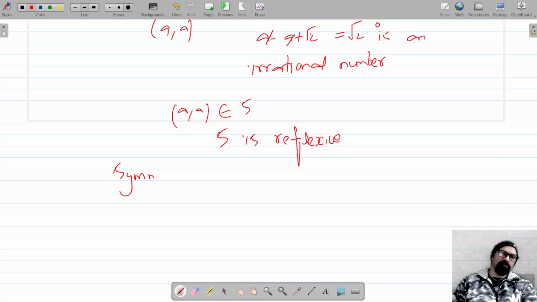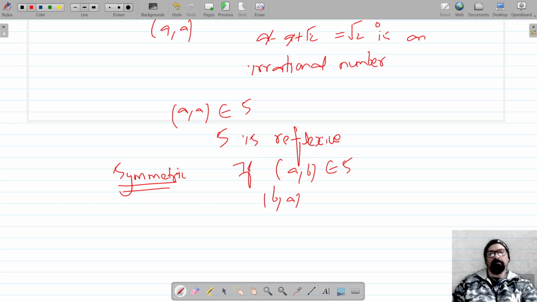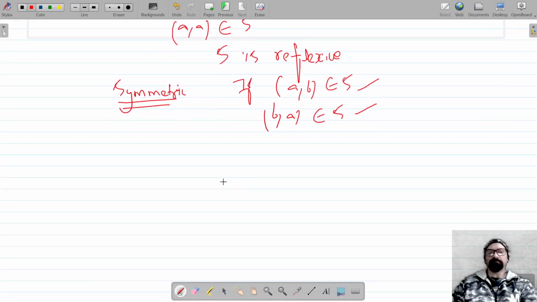Now let's check it for symmetric. Symmetric means that if (a, b) is in the relation, then (b, a) is also in the relation S. Then we say that S is symmetric. Now it may or may not be symmetric.